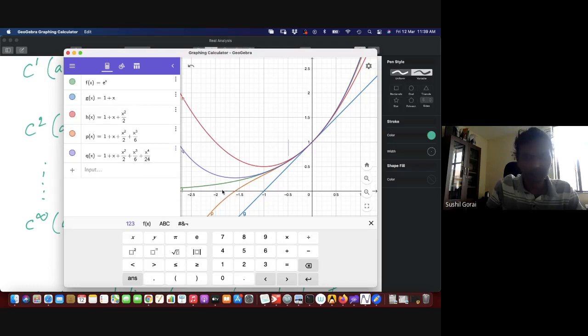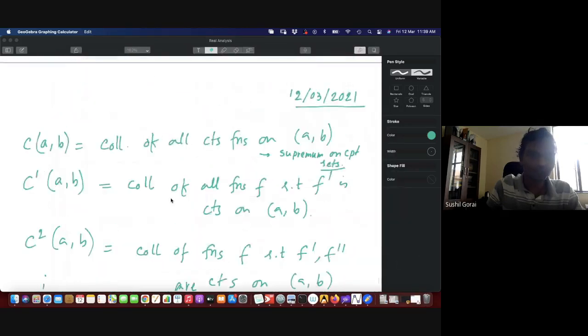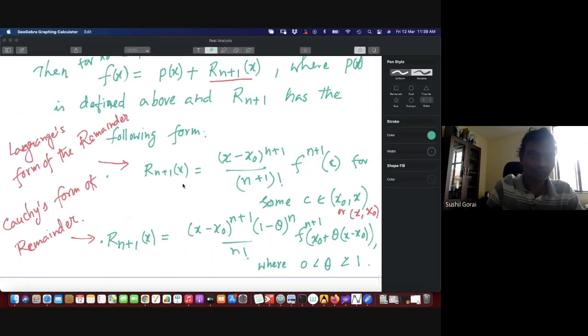For each point, you look at the subtraction between the green line and this. That would be the remainder. So this is what we want to find. And interestingly, this form of the remainder is this. So that is now the question: why should the form of this R n plus 1 be like this?